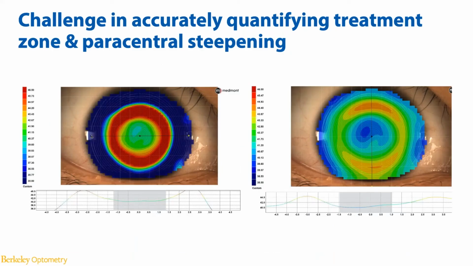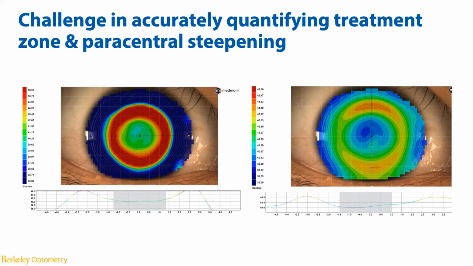Before I share with you the second important finding, I want to illustrate how challenging it is to actually measure the size of the treatment zone on the cornea, as well as the profile of the paracentral steepening. So here you can see, even though we've been talking about treatment area on the cornea pretty commonly, surprisingly for the whole ortho-K industry, we actually do not have a standardized way of measuring the size of the treatment area after ortho-K.